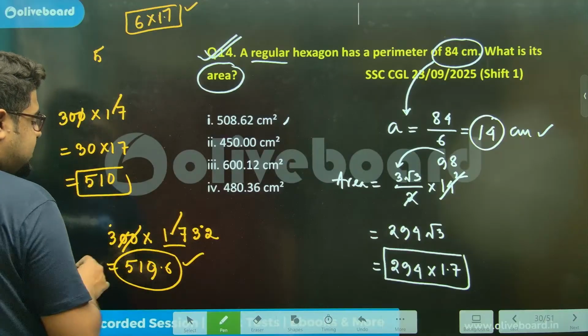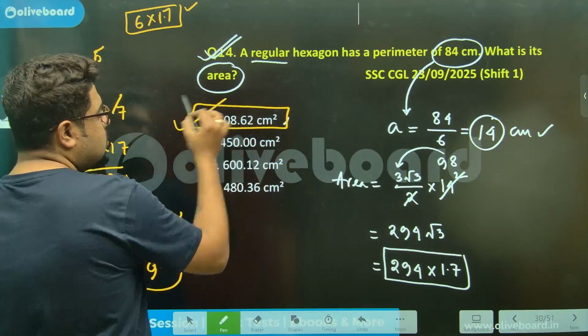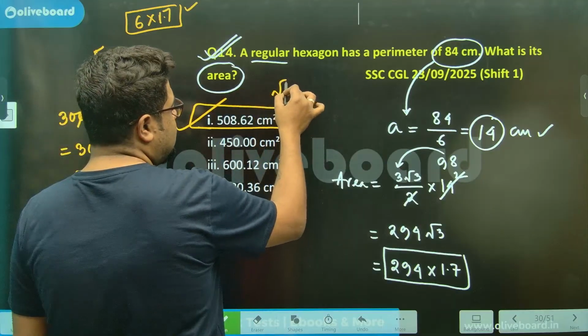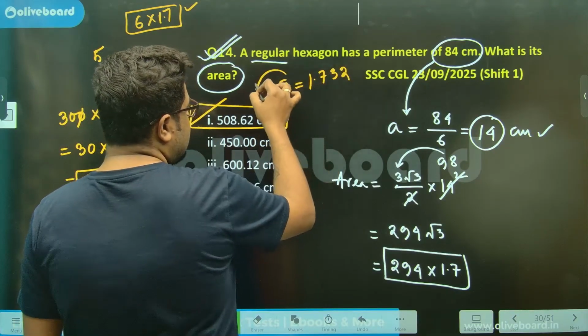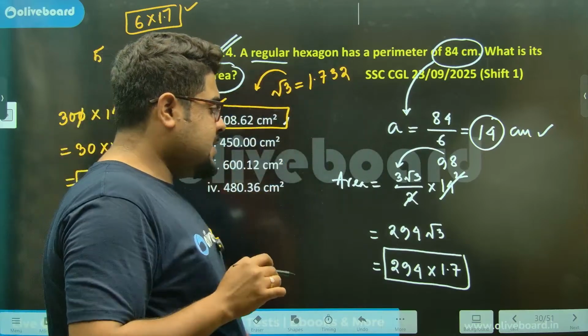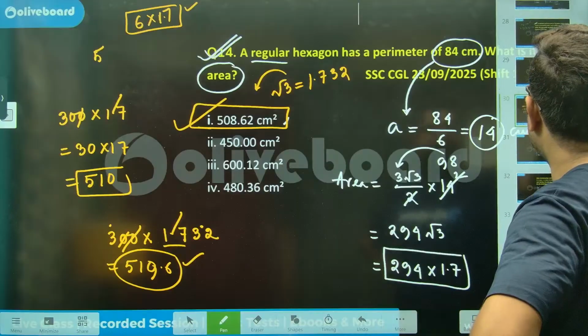From there, if you subtract, it will be around this mark. This happens if you take root 3 as 1.732. But then this question also comes under scrutiny.